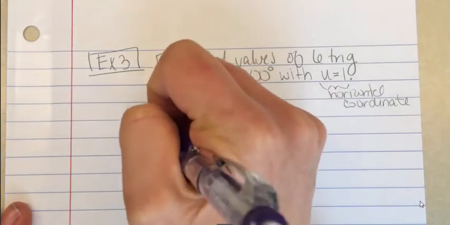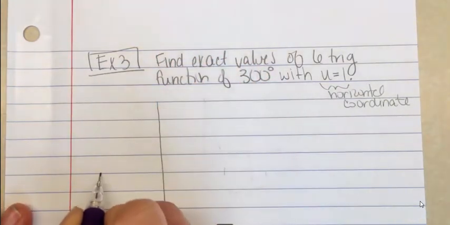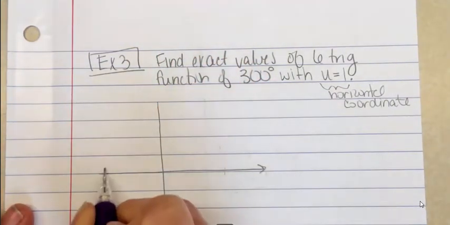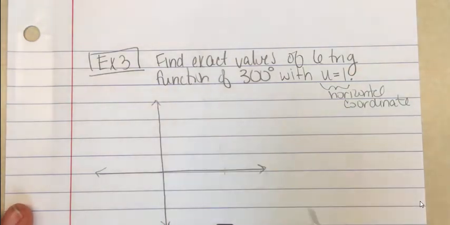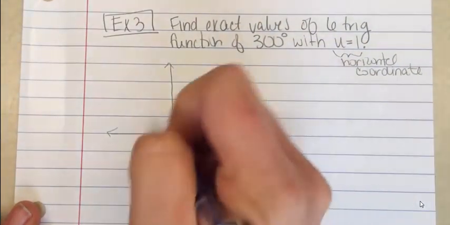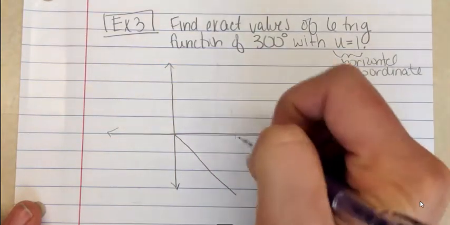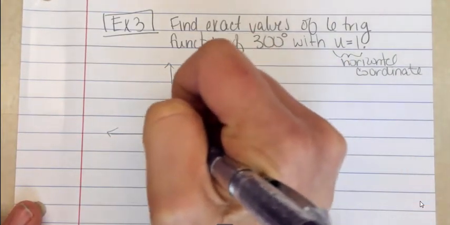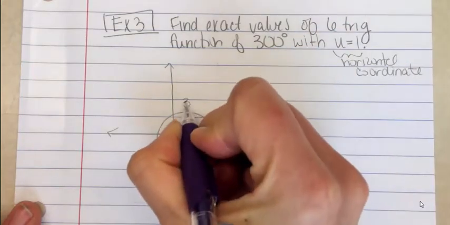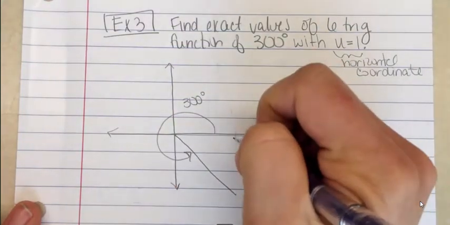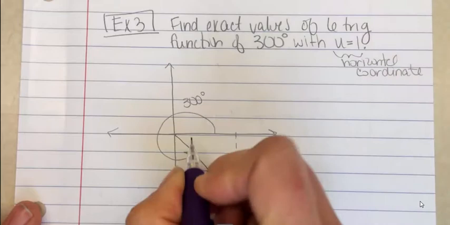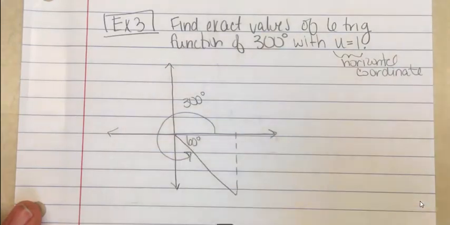So I'm going to draw this on a coordinate plane. We're talking about 300 degrees, so I end up in the 4th quadrant. Let's say around there. So this right here is 300 degrees, making my reference angle 60 degrees.